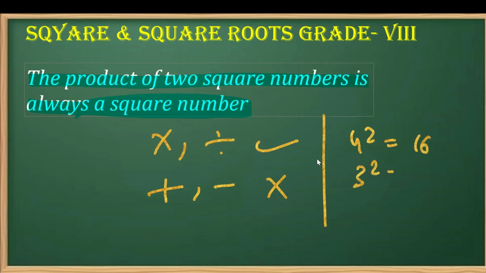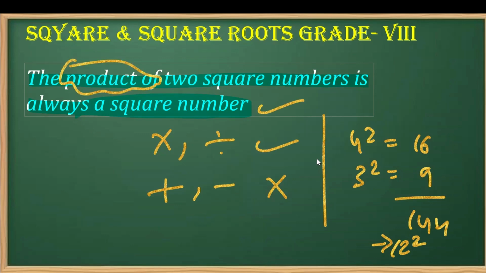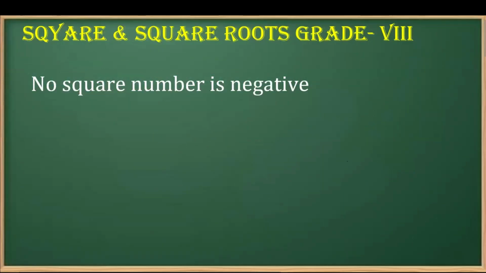If I take 3, 3 square is 9, and the product is 16 multiplied by 9, which is 144, and it is the square of 12. So we'll say that the statement is true. The product and the quotient of two square numbers is a square number.